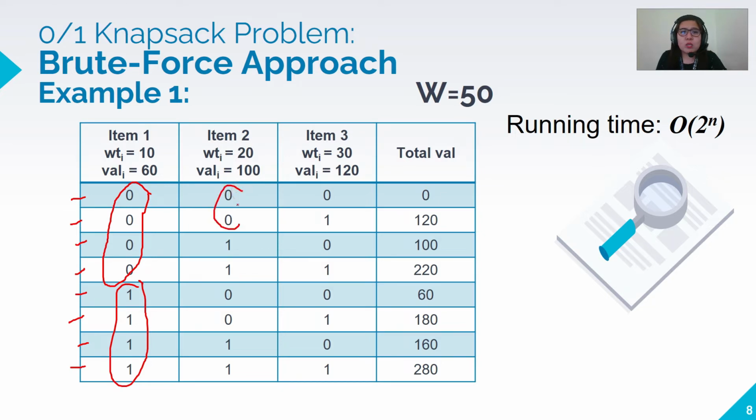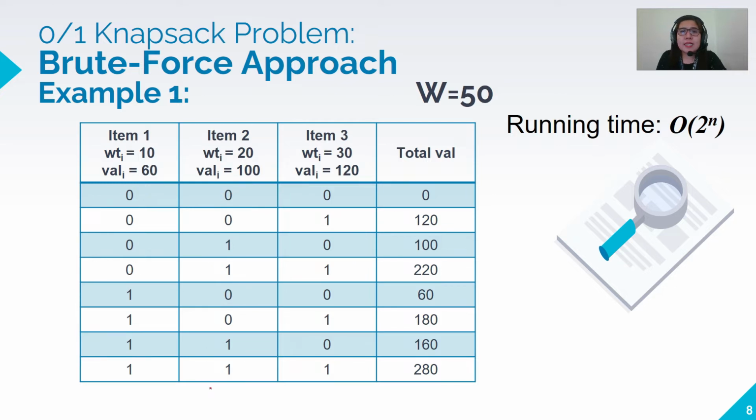So 2 zeros, 2 ones, 2 zeros, 2 ones. And lastly, we have 2 divided by 2, we have 1. So we have here 0, 1, 0, 1, 0, 1, 0, 1. That is how we are going to create possible combinations of our zeros and ones.